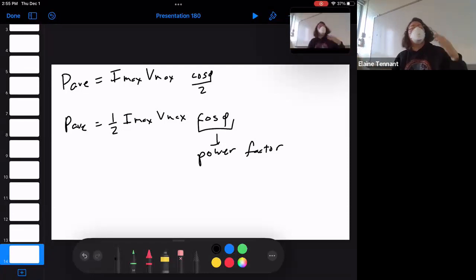Okay? What if your phase angle is 0? What if you are completely in phase? Yeah, that cosine of phi will give you 1, and that'll give you the maximum possible power you can get out of your circuit. And so that's why this phase angle is so important, it tells you how much power you can get from this circuit. Because you can be running a really high current at a really high voltage, but if they're not in phase, you're not going to get anything.